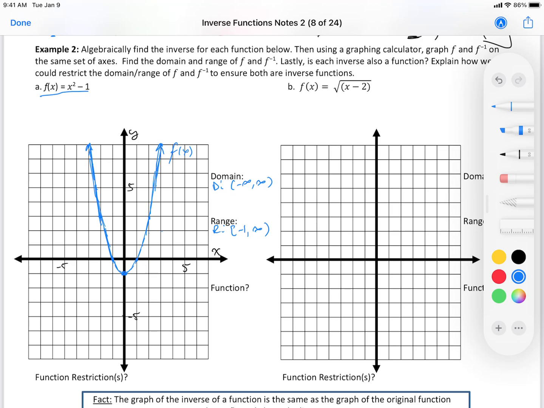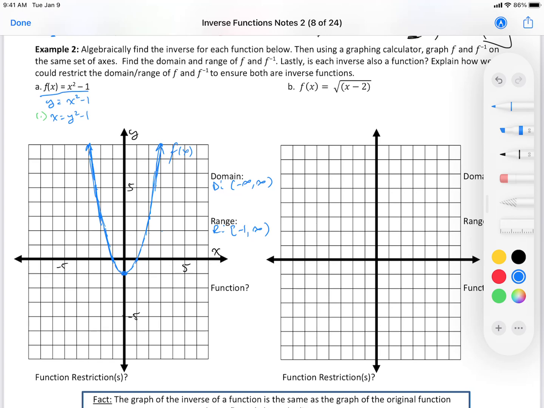Now again, we already know that this is a function. So let's try to graph its inverse. Let's find its inverse first. Remember, when we find our inverse, the first thing we want to do is write this as y is equal to x squared minus 1. Step 1 has us switch the x's and y's, so this would be x is equal to y squared minus 1.